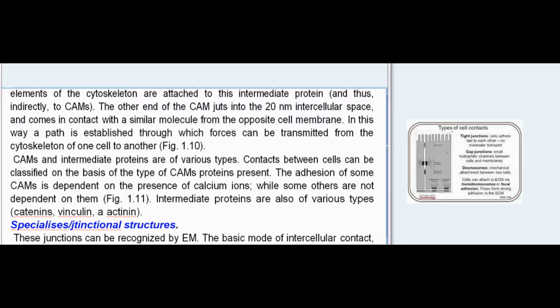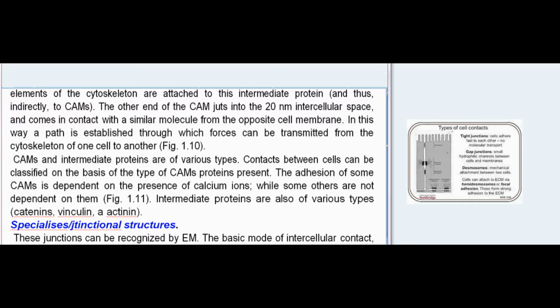The other end of the CAM juts into the 20 nanometer intercellular space, and comes in contact with a similar molecule from the opposite cell membrane. In this way a path is established through which forces can be transmitted from the cytoskeleton of one cell to another, Fig 1.10. CAMs and intermediate proteins are of various types.